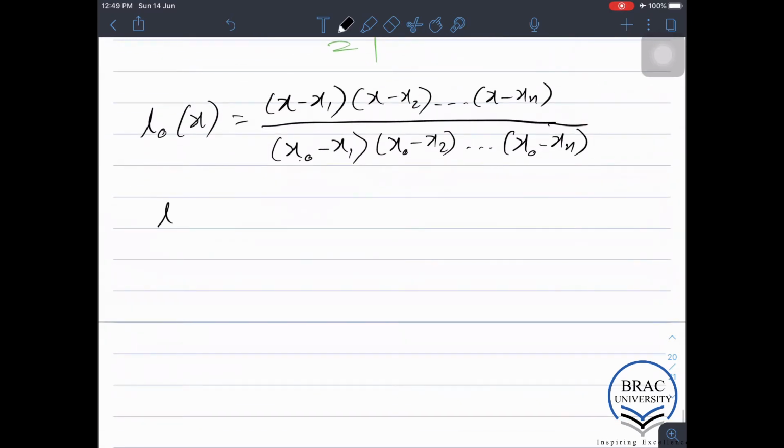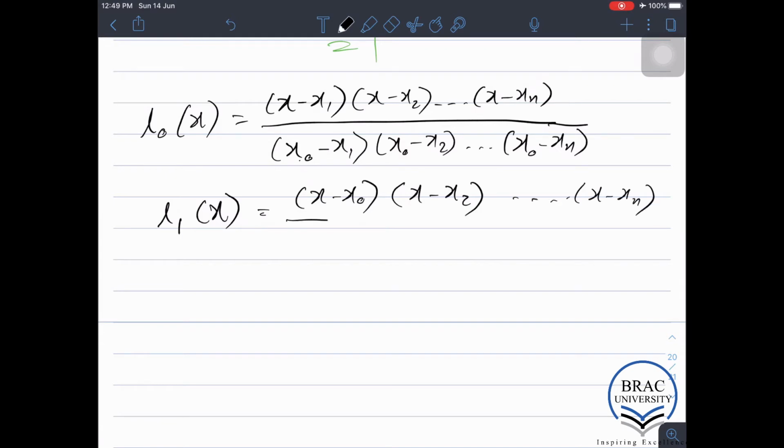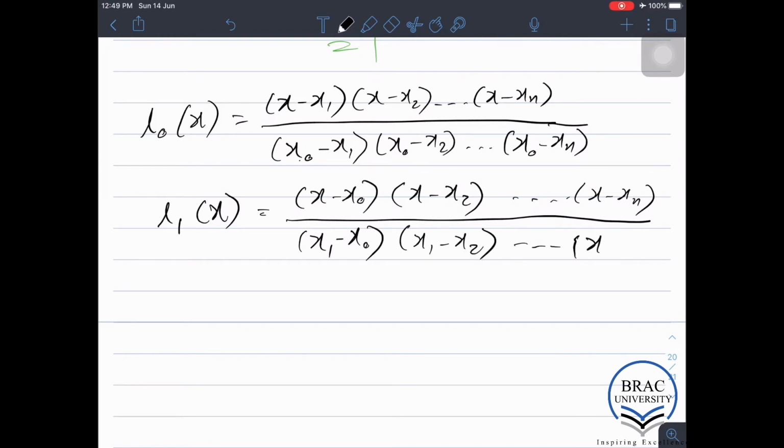Okay, similarly for L1 of x, so now I will have x minus x0, x minus x2 up till x minus xn, and divided by, now I have to cancel pairwise again, so it should be x1 minus x0, x1 minus x2 up till x1 minus xn. Now you can see that all the conditions are satisfied, and it goes on.